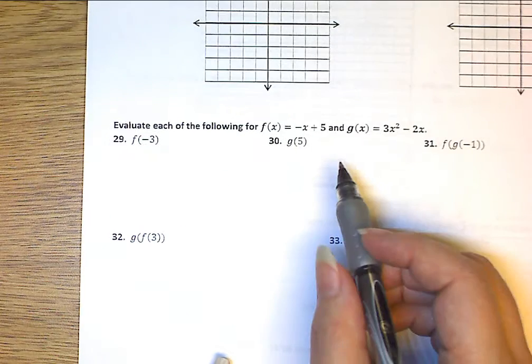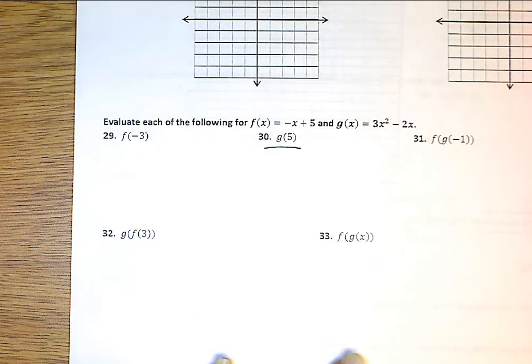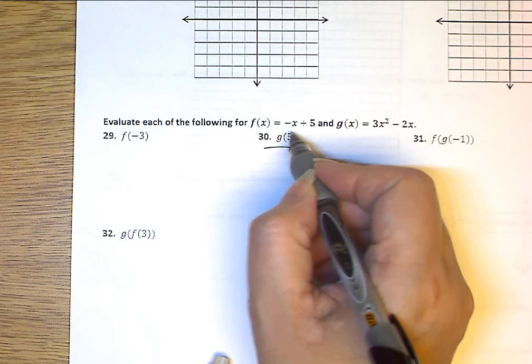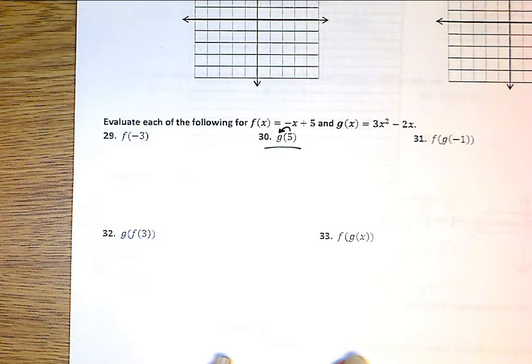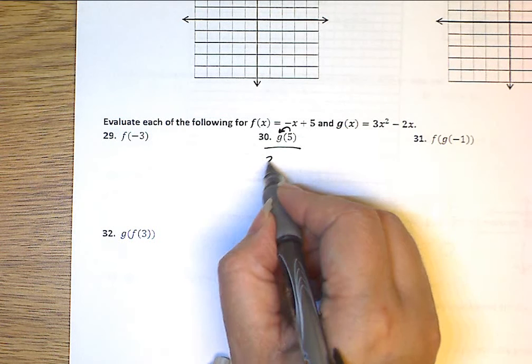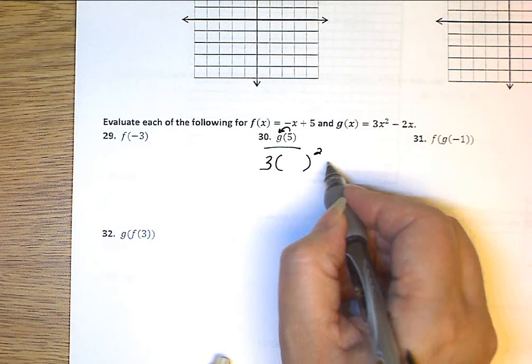Number 30. We're going to go with those. All right. I'm going to actually start with number 30, because 30 is, Hannah, a singular one. So what happens is it says that 5 goes into G. So 5 is going into the x of G. So instead of writing x's, I'm going to literally go 3 parenthesis squared minus 2 parenthesis.